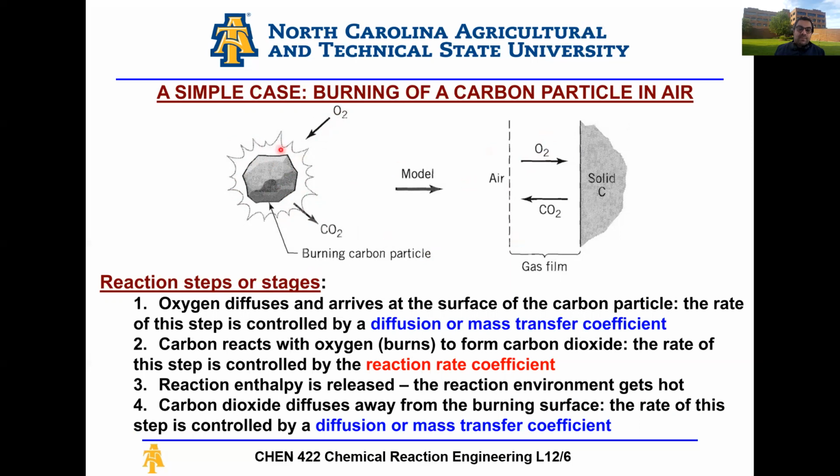And the resistance to the mass transfer occurs within the vicinity of the solid particle, and this is called the gas film, where your diffusion or mass transfer coefficients and mass transfer resistances play a role in controlling this reaction. And some processes are mass transfer limited, some processes are reaction rate limited. If the rates of mass transfer are much slower than the rate of the reaction, the process is called mass transfer limited.